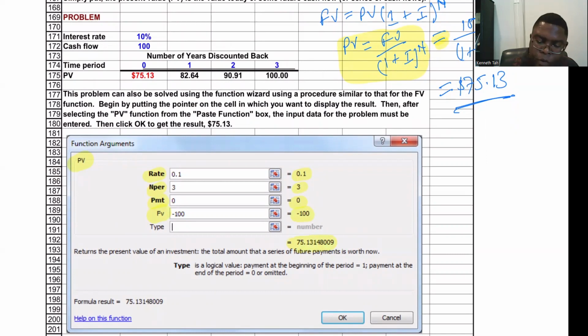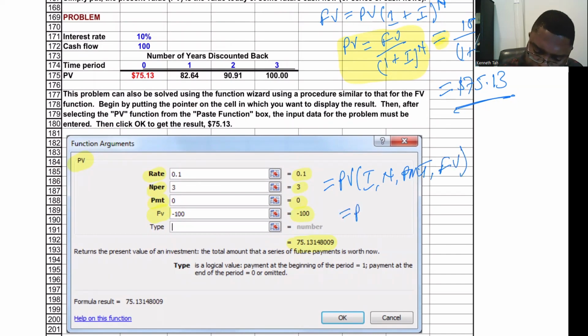So again, the way this works, you just go to Excel and you press present value. Once you press present value, it is going to ask for interest, number of periods, payment, and future value.